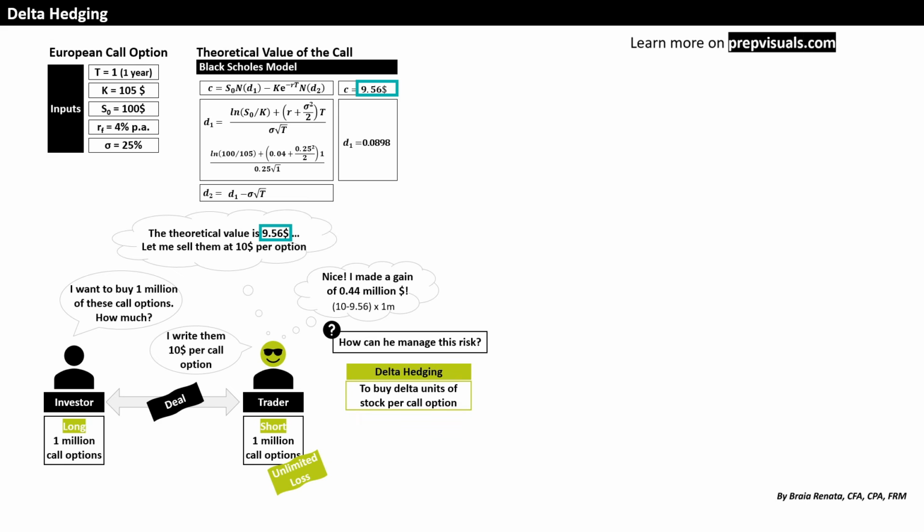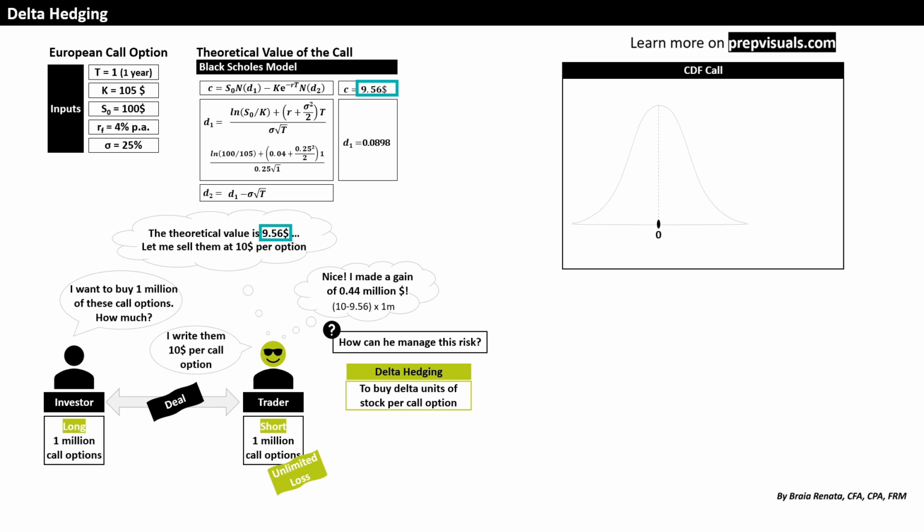And this is just a recap from my previous lesson. So in order to calculate delta, we need to plot the D1 value on the cumulative distribution function, which is a symmetric normal distribution with mean of 0. And if we go ahead and plot D1 on the cumulative distribution function, it would be somewhere over here.